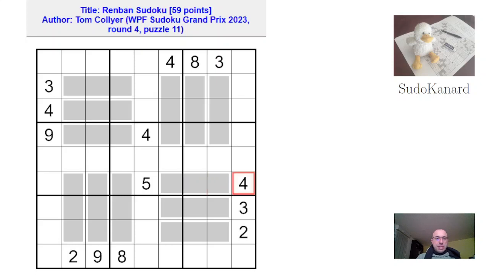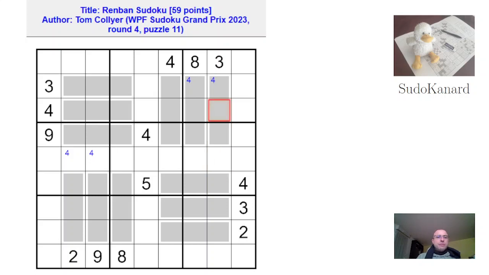So where do we begin? I'm noticing that this 4 and this 4 force a 4 in those cells. So that's something of interest, I think. There's also a 4 somewhere in here. And there must be a 4 somewhere in here, but that doesn't seem to be so powerful at this point.